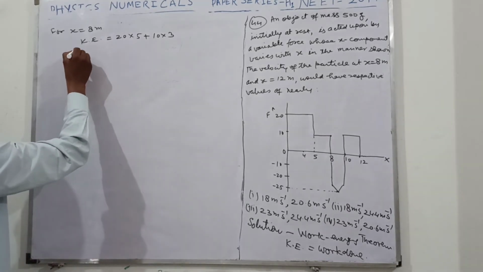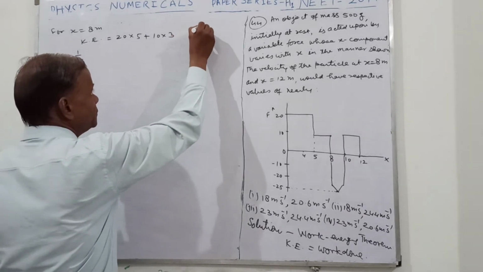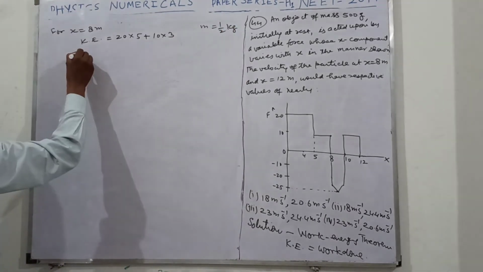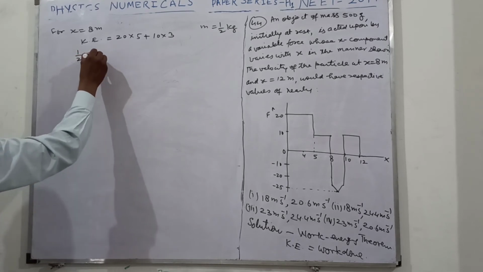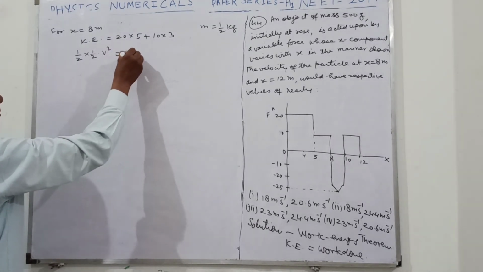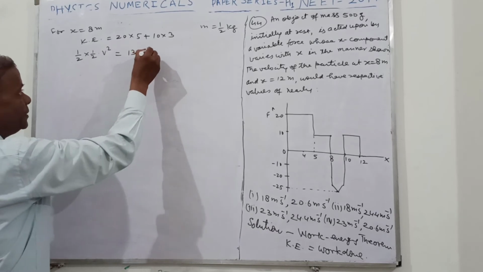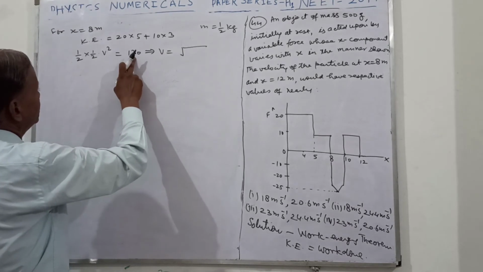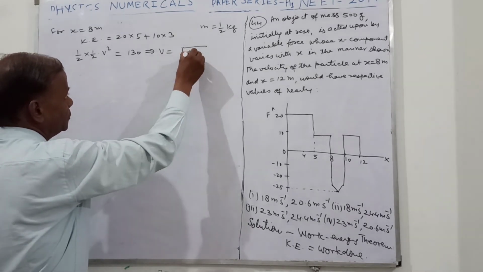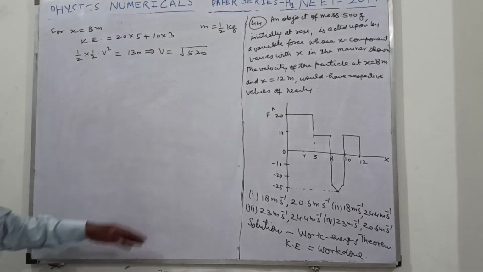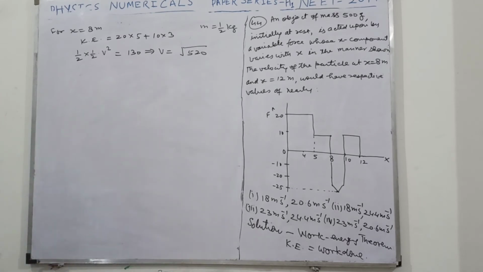So this is given your half, and mass is given 1/2 kg. So 1/2 into mv square equal to, this is now 130, so much. So from here v equal to square root of 520. And if you take the square root of this one, I think this will come out to be your 23 meter per second.